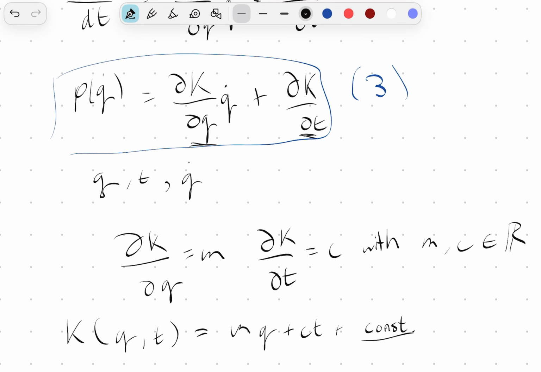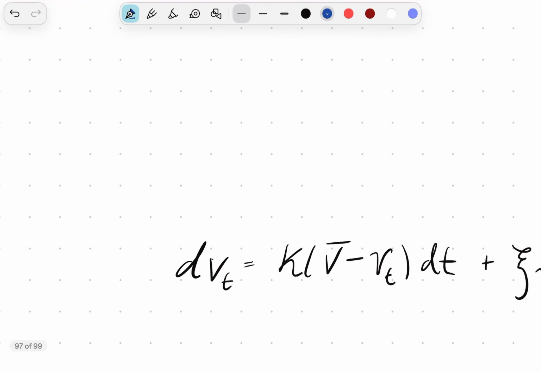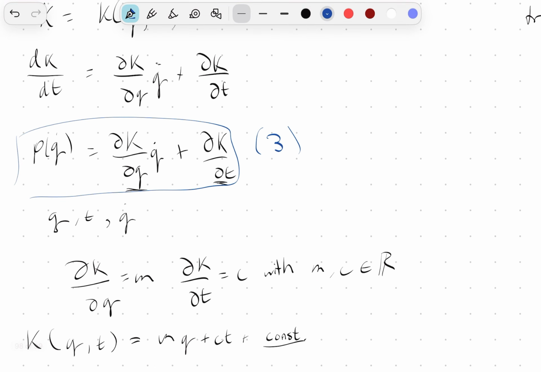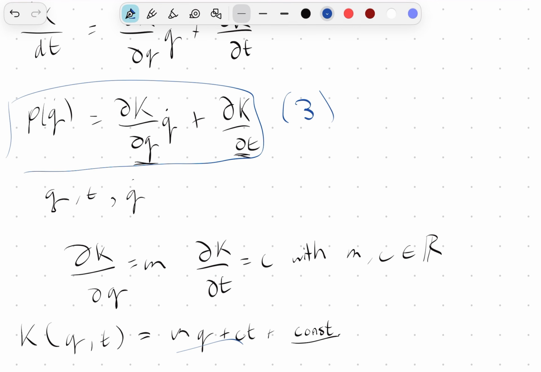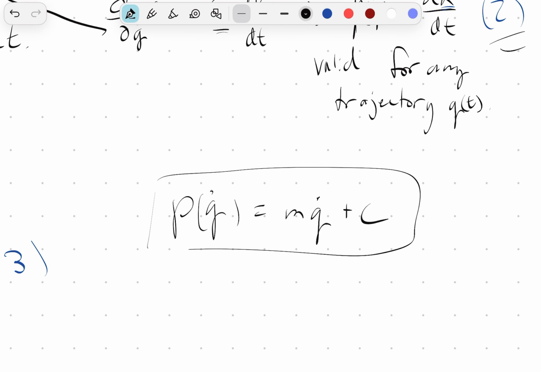And this equation here, if we use equation 3, forces the momentum to be affine. So now the momentum is restricted to be affine.